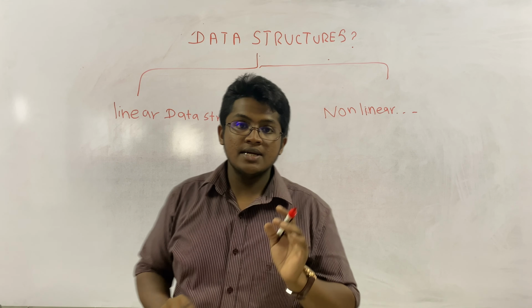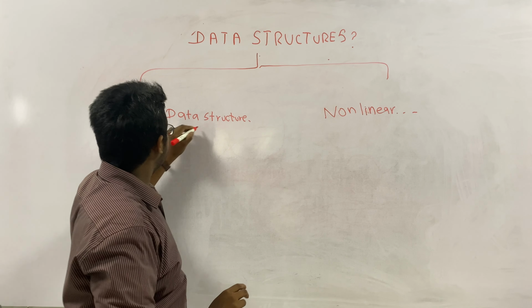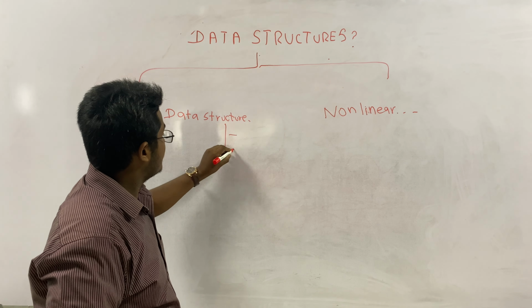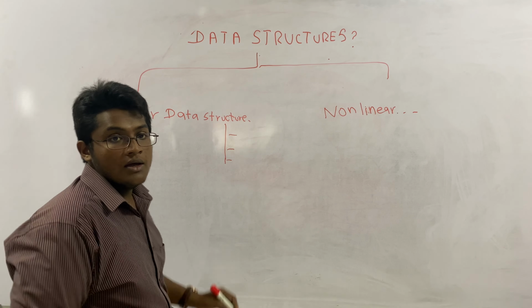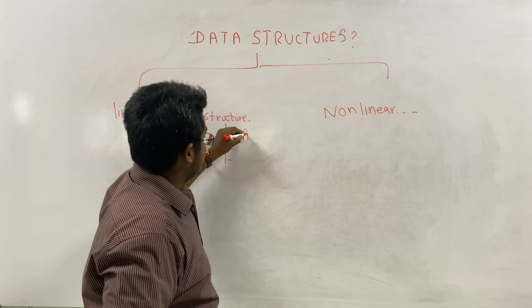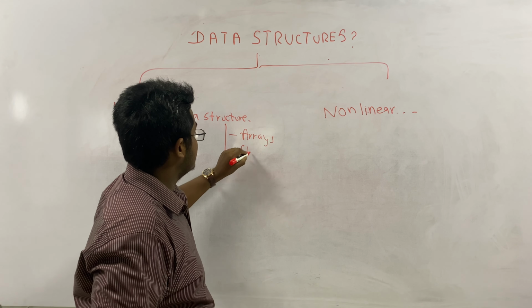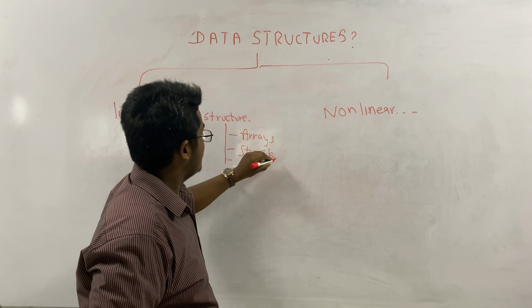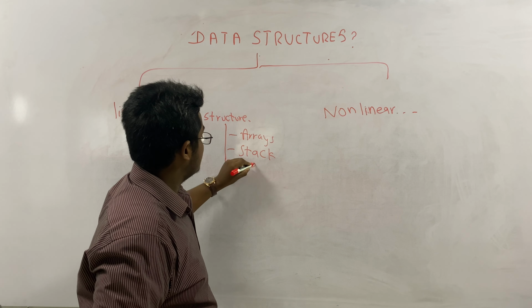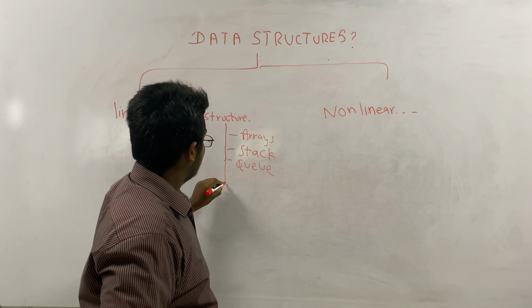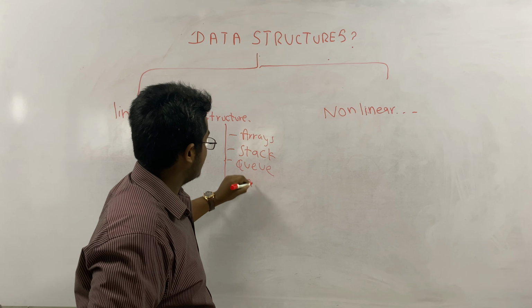So I will give some examples for linear data structures. Arrays, stack, queue, linked list.